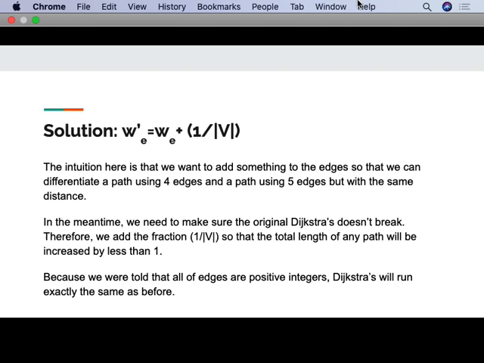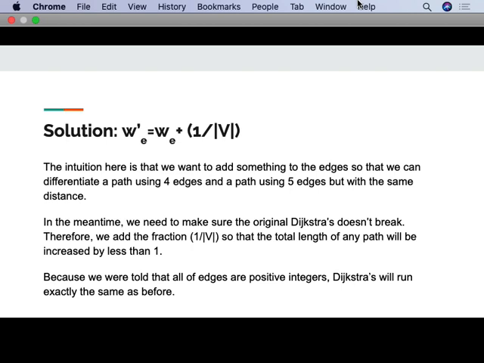Why is it 1 over V and not 1 over E? So basically the idea is that for any path that we have in this graph, we want to avoid the situation where, when we sum up these additional weights, they increase by more than 1. So we want to bound it by a number that represents the maximum possible length of a shortest path in a graph.